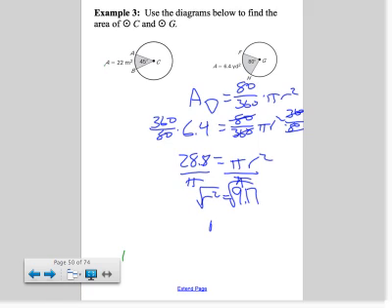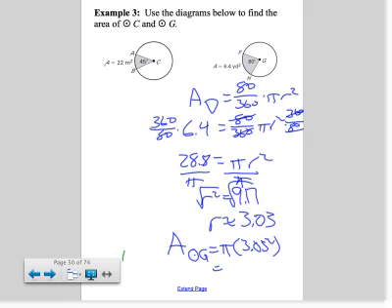Square root both sides, so the radius here of circle G is roughly, let's see here, square root of 9.17, 3.03. And so then the area of circle G equals pi times 3.03 squared.